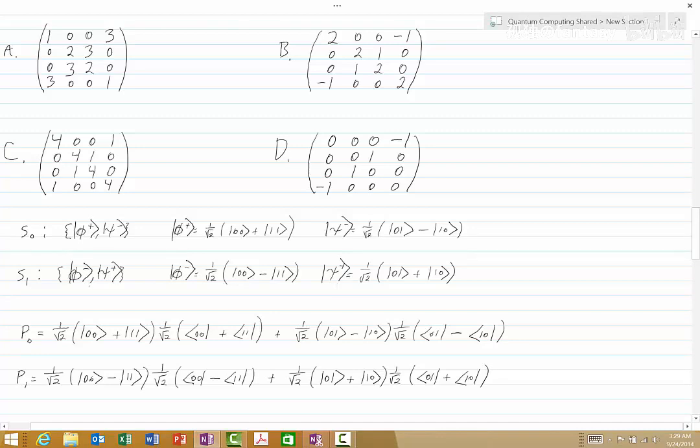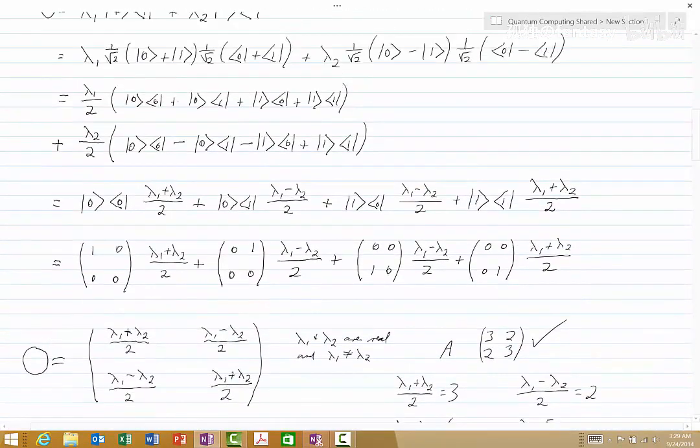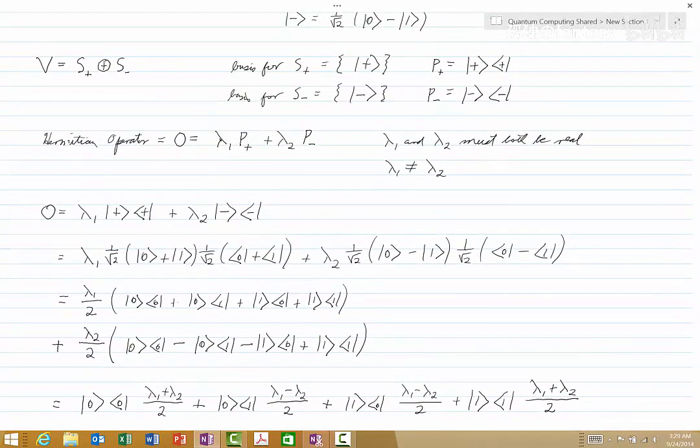Just for a quick review, that's exactly what we did in the first example. There we had just one ket in the basis for each subspace, so we took that ket and the bra for that ket, and this ket and the bra for that ket.